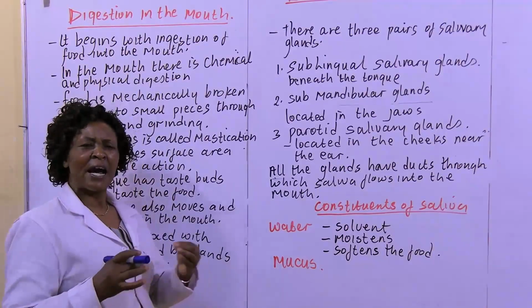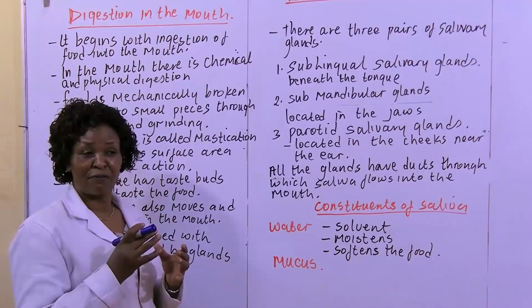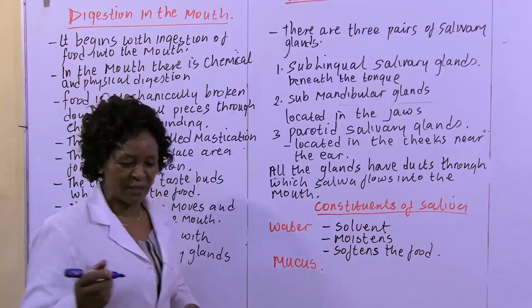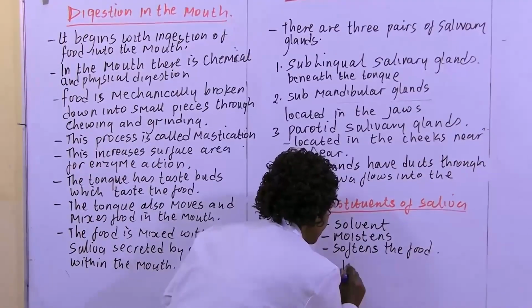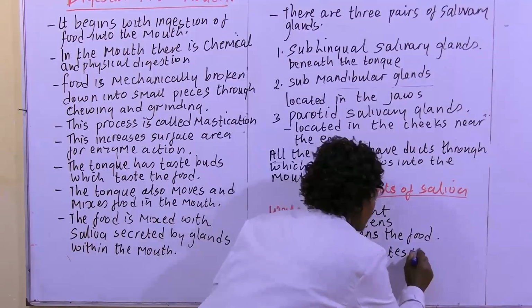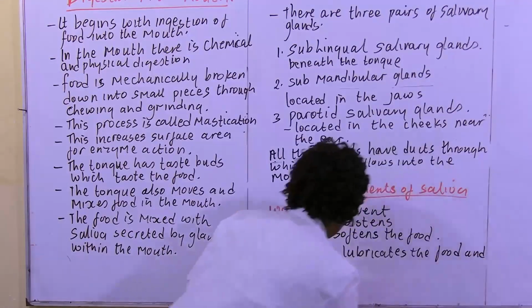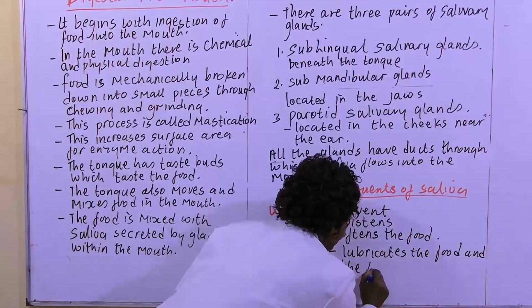Sometimes you eat hard foods, but they do not injure the lining of the mouth because you have this mucus. So it lubricates the food and the lining of the mouth.